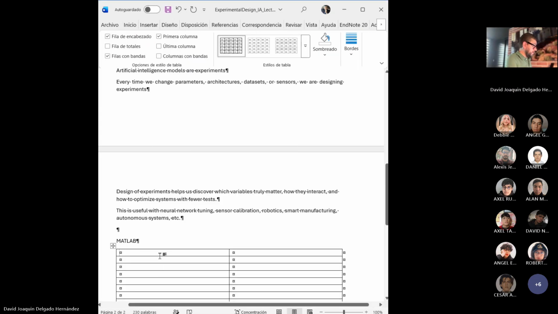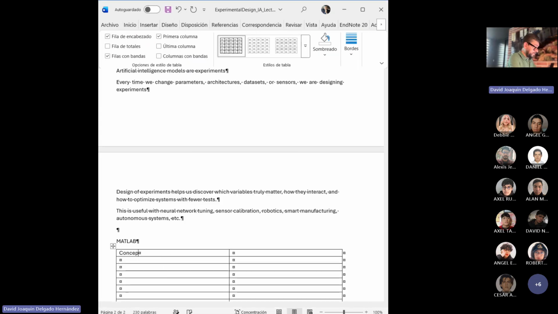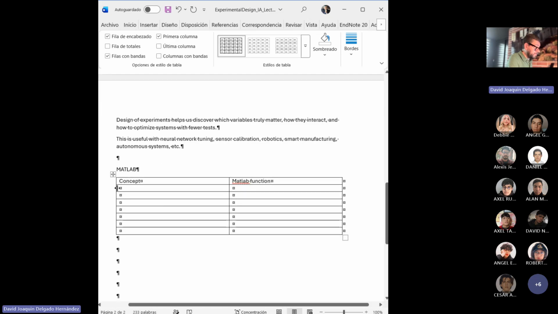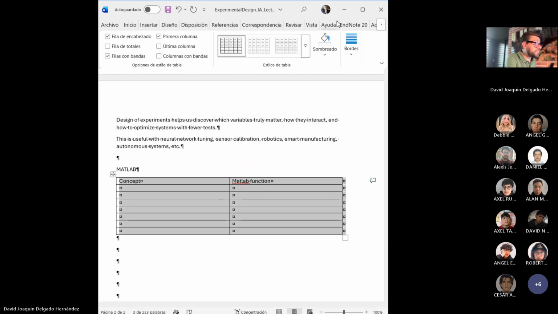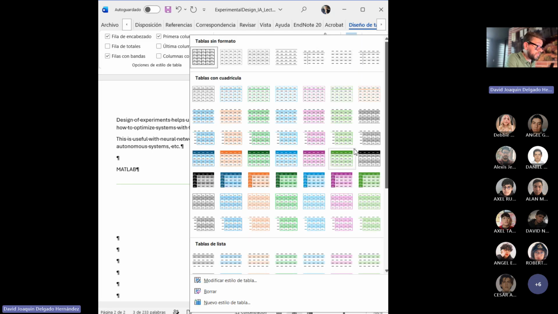Here's the concept and here's the MATLAB function.